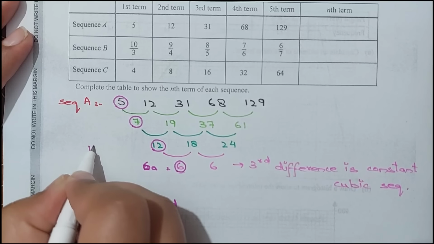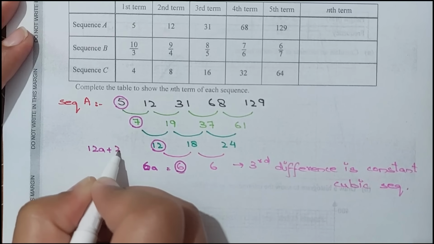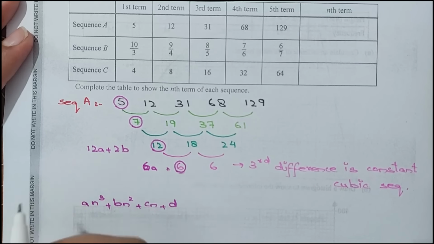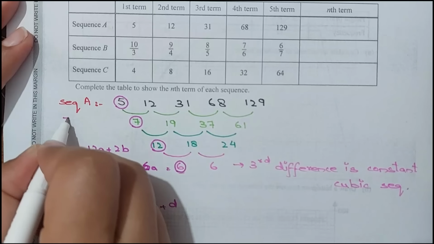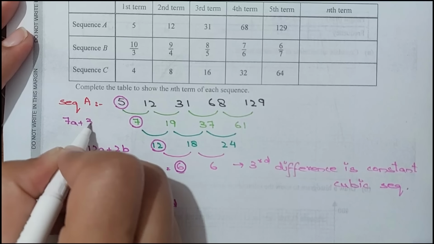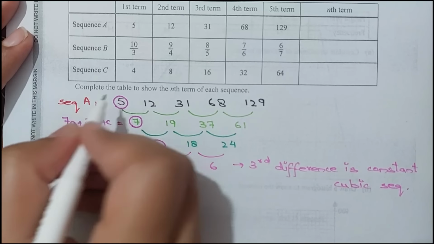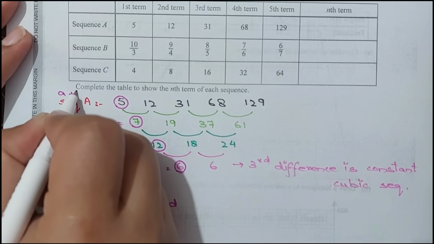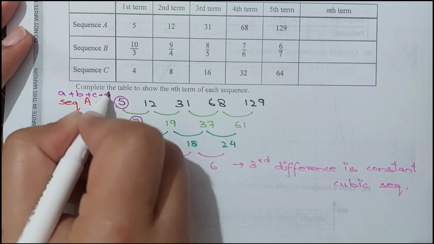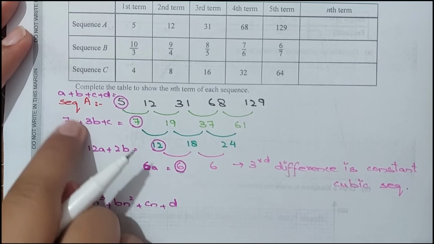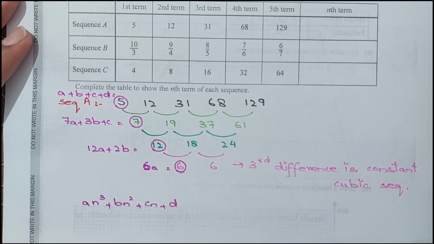This equation is 12a plus 2b, right? And this equation is 7a plus 3b plus c. This would be equal to 7. This would be equal to 12. And a plus b plus c plus d would be equal to 5. You have to remember these equations, right? Okay, now let's figure out one by one.